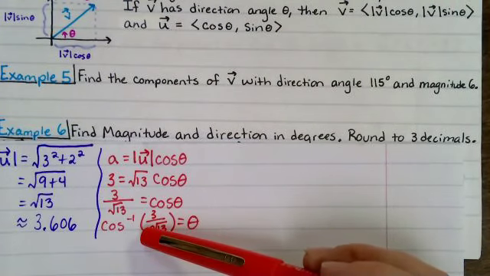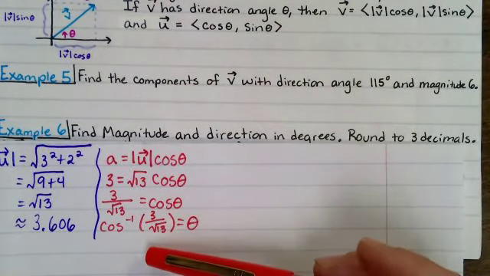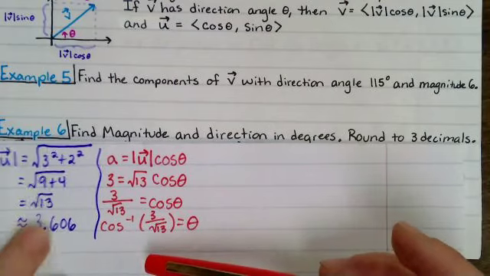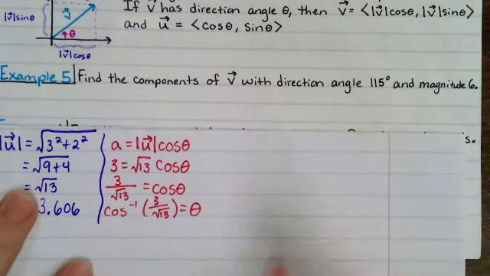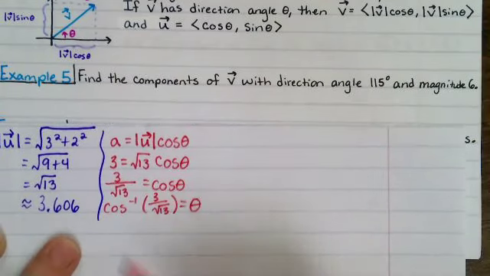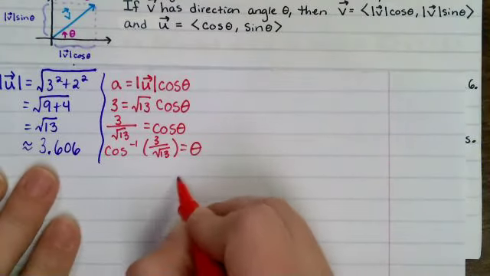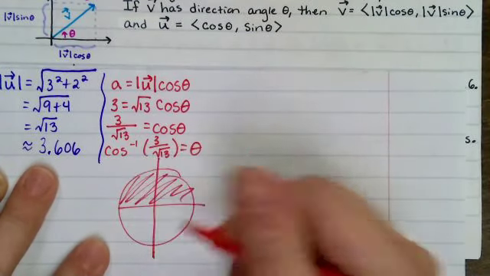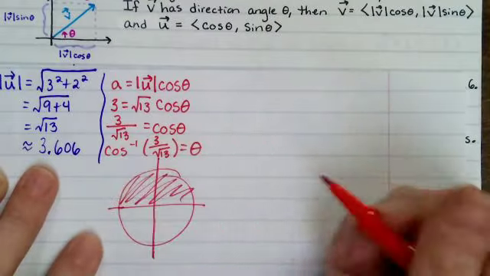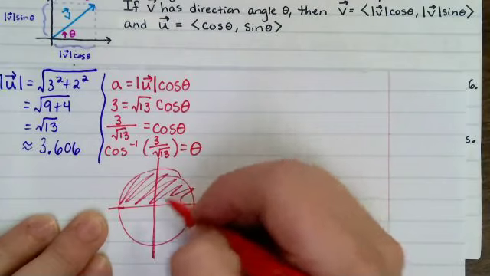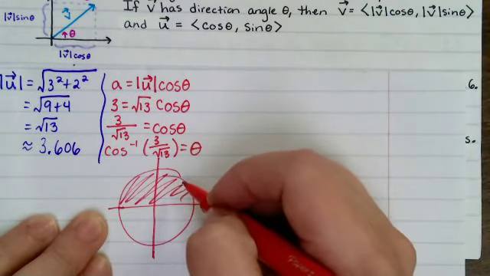I don't know if you remember back when we did this in the last unit, but cosine inverse is always calculated from 0 to pi. We shaded the top half of the circle. That's where cosine inverse exists. So I need to make sure that my angle is actually falling where it's supposed to.